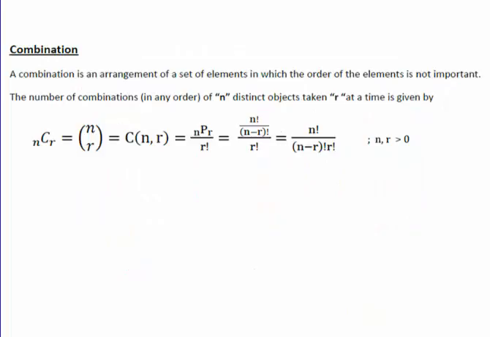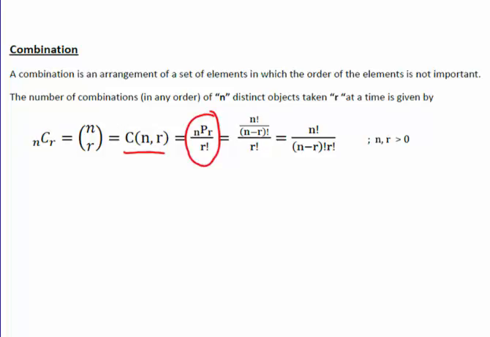And a combination is a set of elements in which the order is not important. We still use n and r. We have n objects taken r at a time. And all a combination is nCr. Again, we might see it in this notation, n comma r. But we just take a permutation and divide it by r factorial, the number we have.